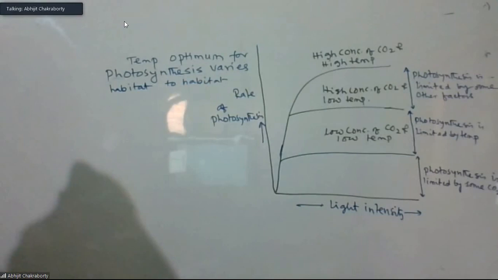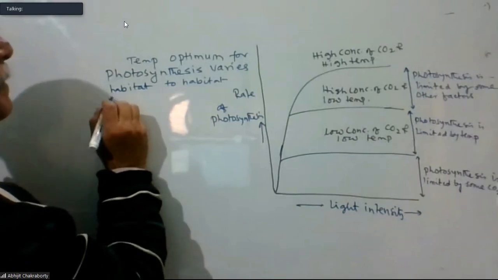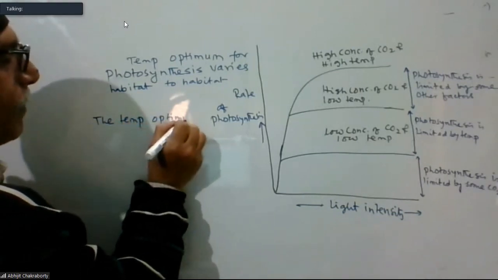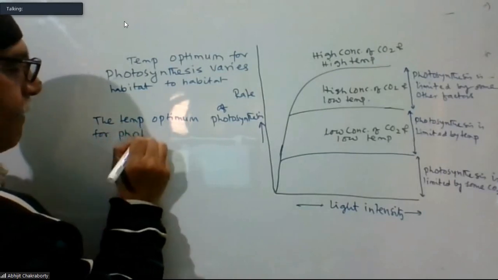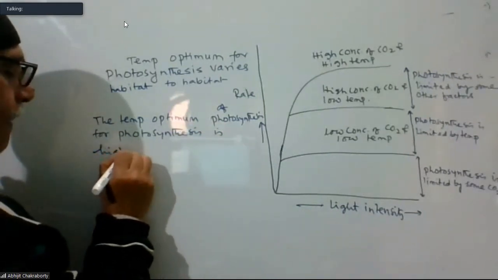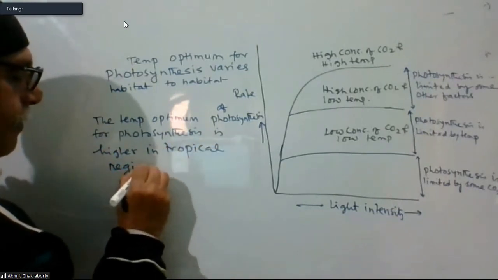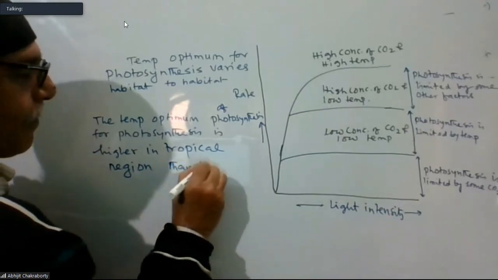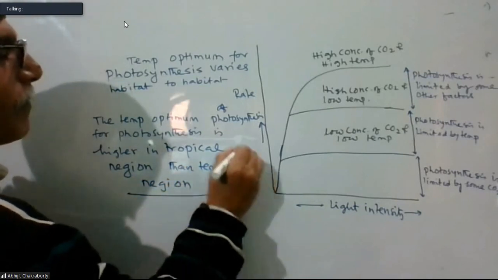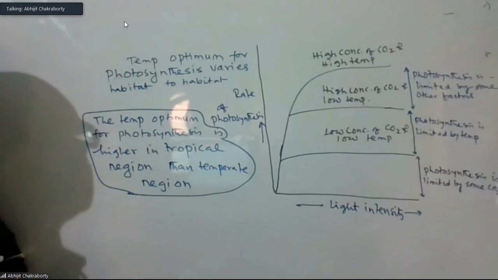In tropical region, temperature optimum for photosynthesis is higher in tropical region than temperate region.